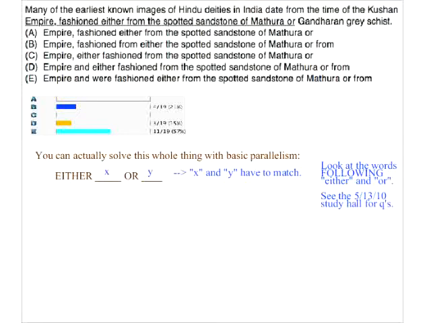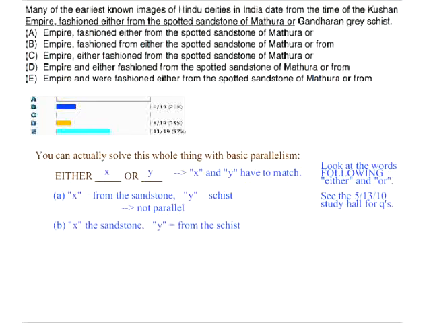So in choice A, the words after "either" are from the sandstone, but the words following "or" are just the schist. So that's incorrect. It's not parallel. In choice B, the words following "either" are just the sandstone, but the words following "or" are from the schist. It's the same problem that A has, but the other way around.